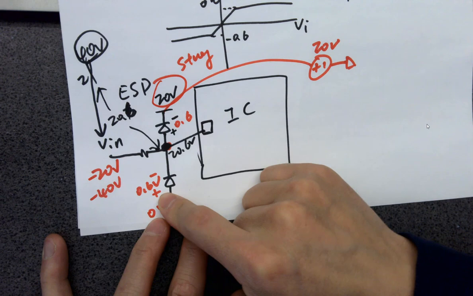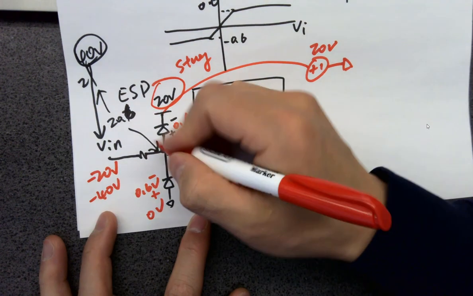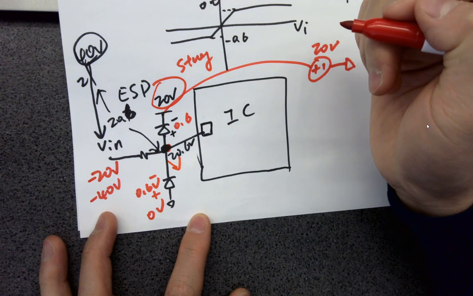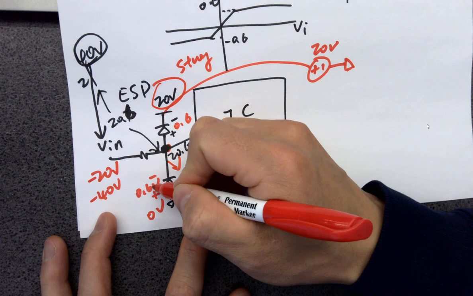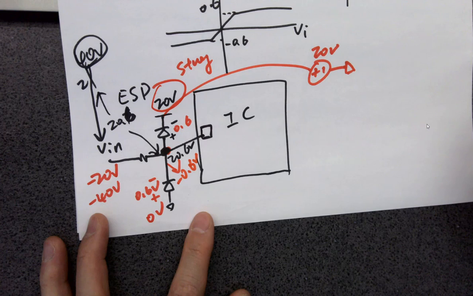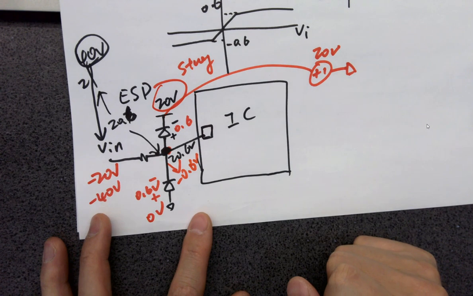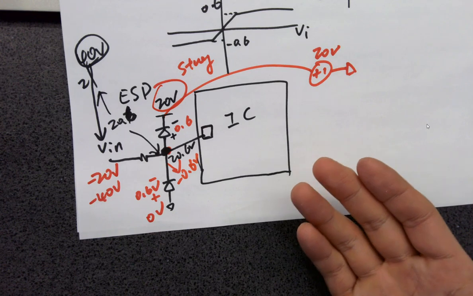And you know this is 0 volts, and you know this is a 0.6 volt drop. So exactly what is the point here? It's 0 minus 0.6, right? It's negative 0.6 volts. And it cannot go lower, because of the clamping circuit.